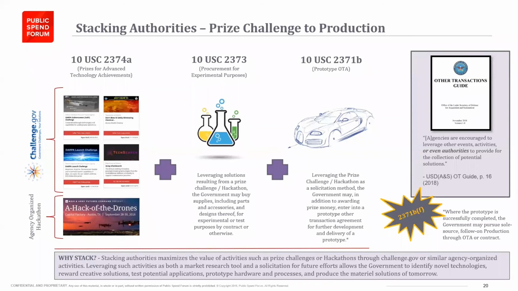You can go right into prototype OTAs and have a competition to prototype some kind of technology, and that can roll straight into sole source follow-on production. That's all the way from "I have an idea" to it is fielded in 1,000 units without ever touching a FAR contract, without ever seeing an RFP.